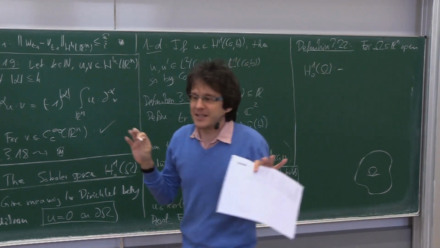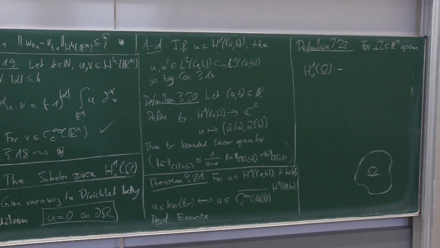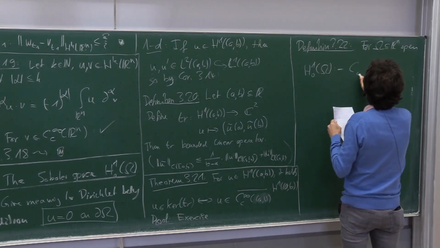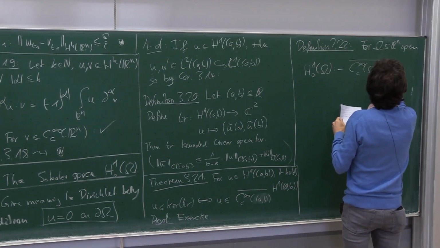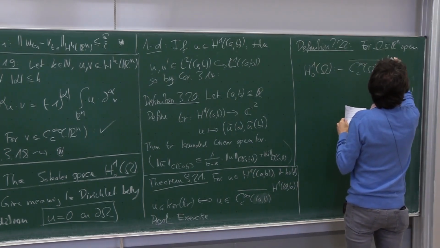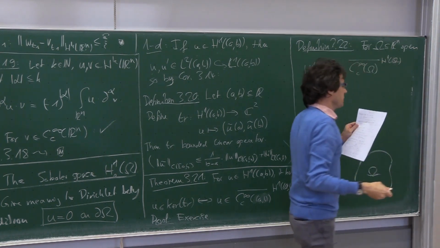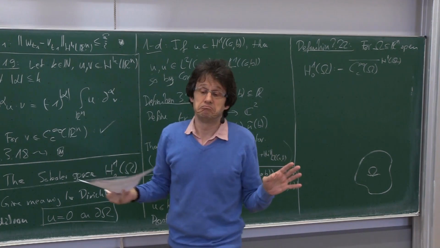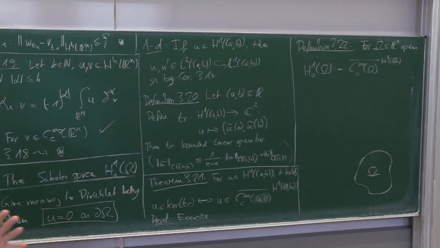So intuitively the space of all H1 functions on omega that vanish on the boundary, whatever that means. And we define it by saying, okay, take the C_c infinity functions, close them up in the norm of H1, and what you get is some closed subspace of H1, obviously. Closure of something is a closed subspace.